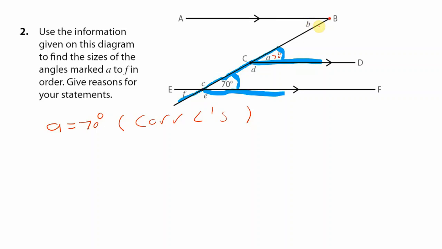So next we want B, and I already see the Z shape. So I see we have here a Z shape.